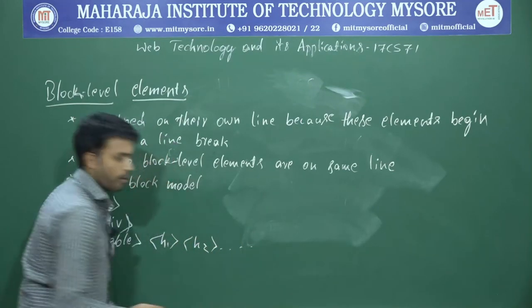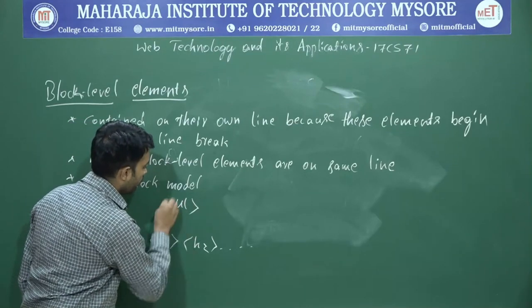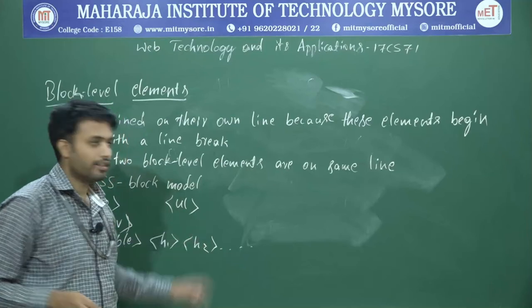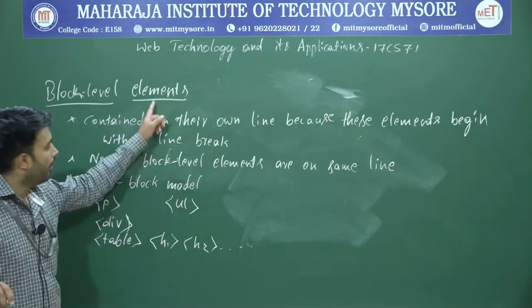All are block level tags, and also UL, the unordered list, ordered list OL, and LI. These are all block level elements.